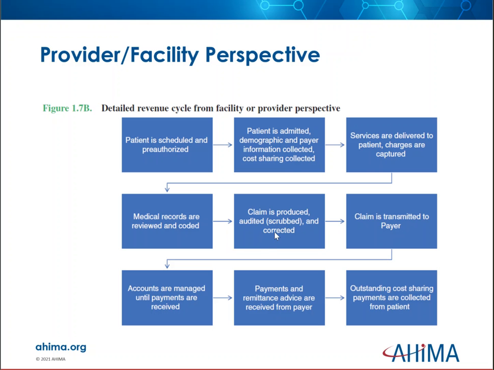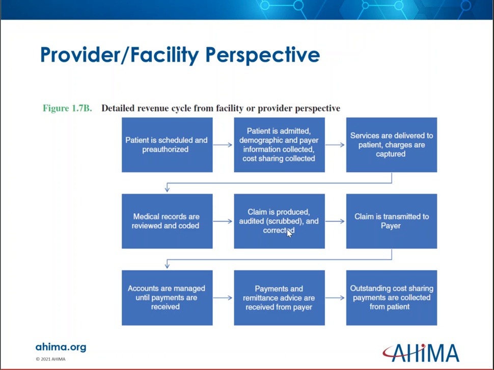In order to try to make the claim as clean as possible, they may do a second review of the patient's information, because one of the major reasons why claims are denied is a demographic error. They have either the patient's wrong birth date, or one digit wrong in their health insurance number, or something that's somewhat minor in a sense.